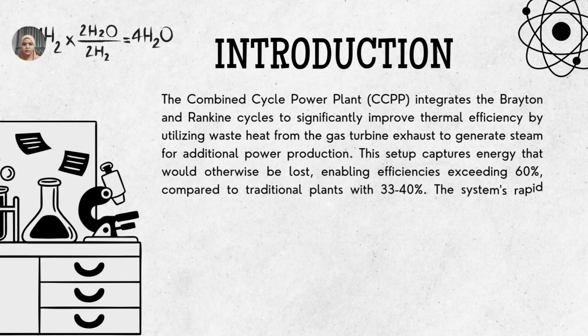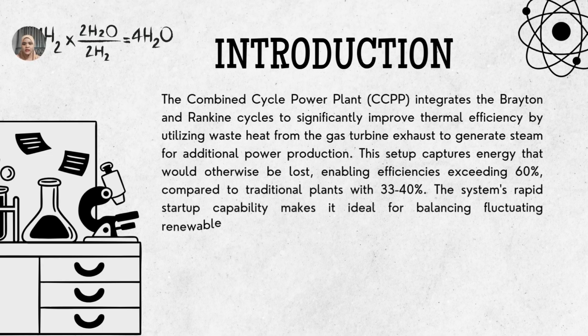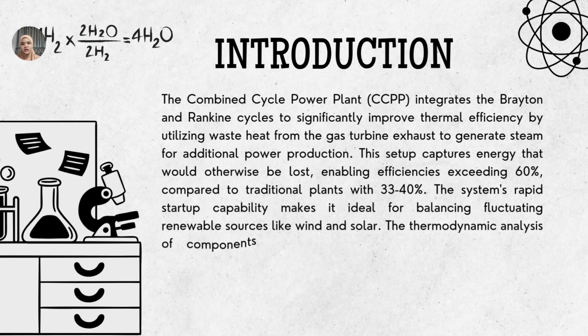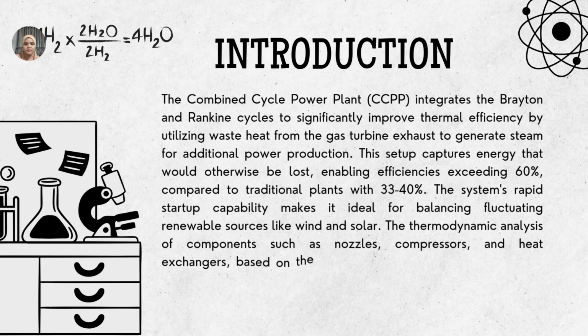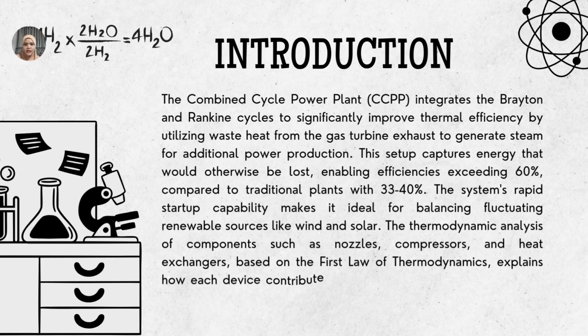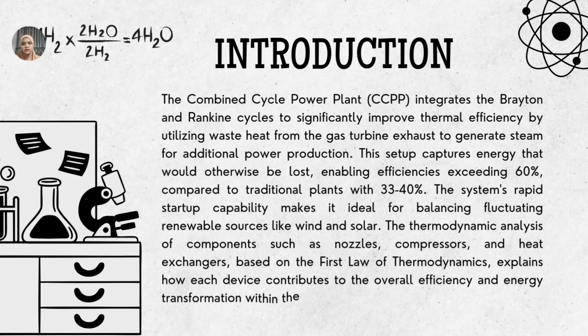This setup captures energy that would otherwise be lost, enabling efficiencies exceeding 60% compared to the traditional plant with 33 to 40%. The system's rapid startup capability makes it ideal for balancing fluctuating renewable sources like wind and solar.